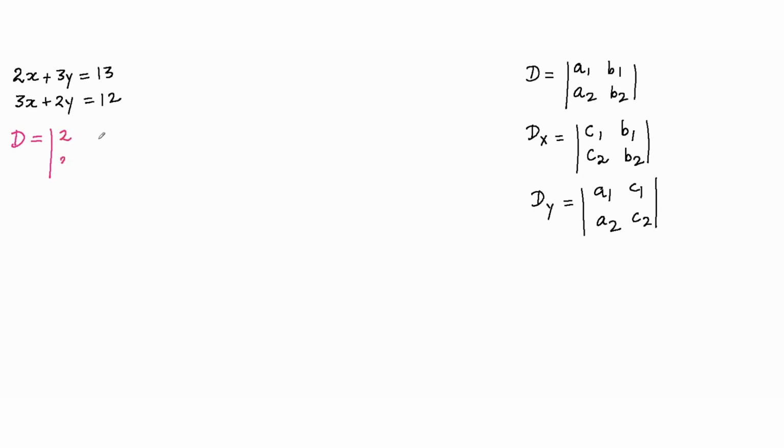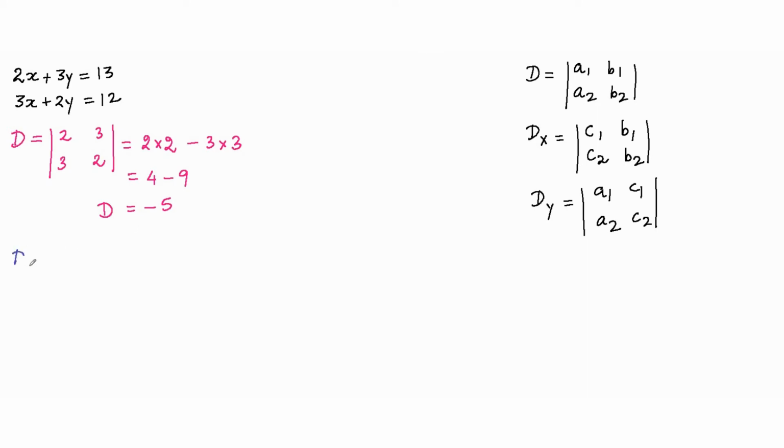So I have 2, 3, 3 and 2. So this is therefore equal to 2 2s are 4, and then I have 3 into 3, and I should be subtracting it. So this becomes 4 minus 9, which is minus 5. Therefore the value of my master determinant is minus 5.